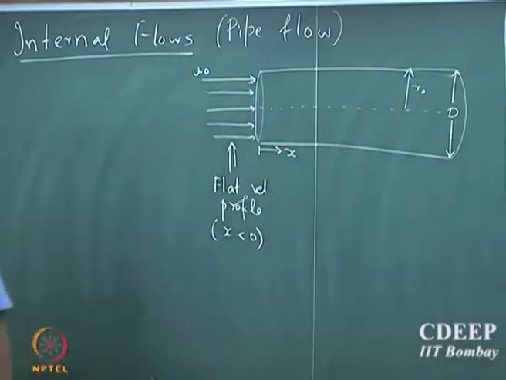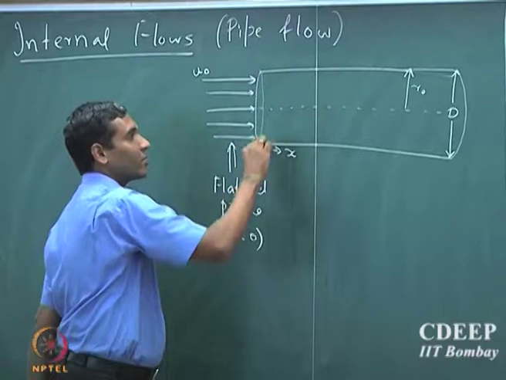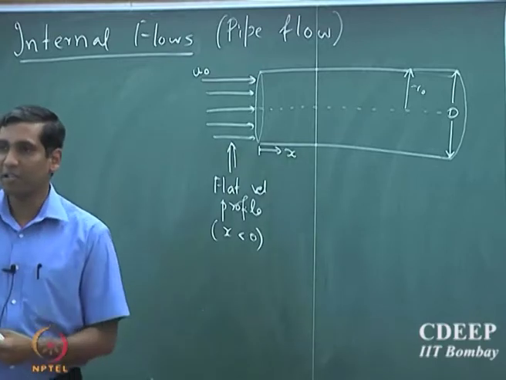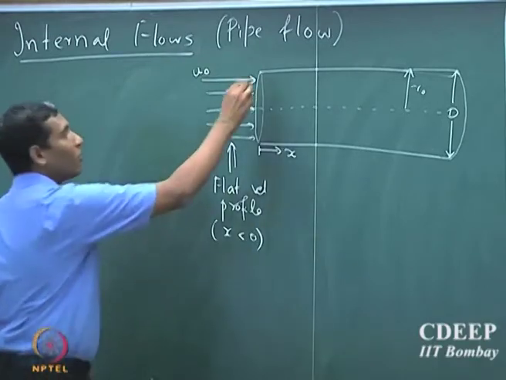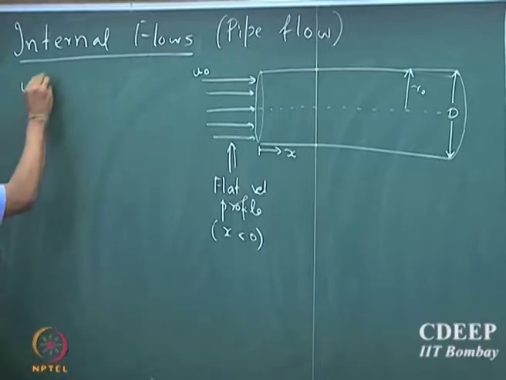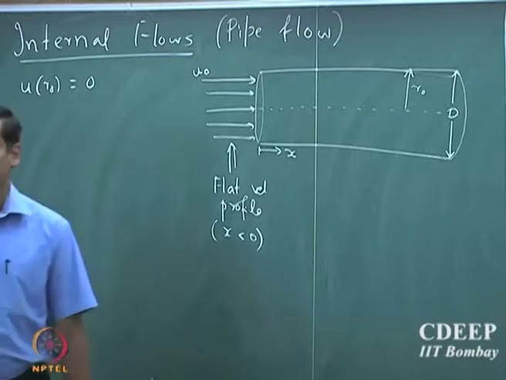As soon as the fluid enters the tube, it experiences a wall which is present at location r0. Similar to the flat plate, the velocity of the fluid will come to 0 at the wall. So u at r0 is equal to 0.